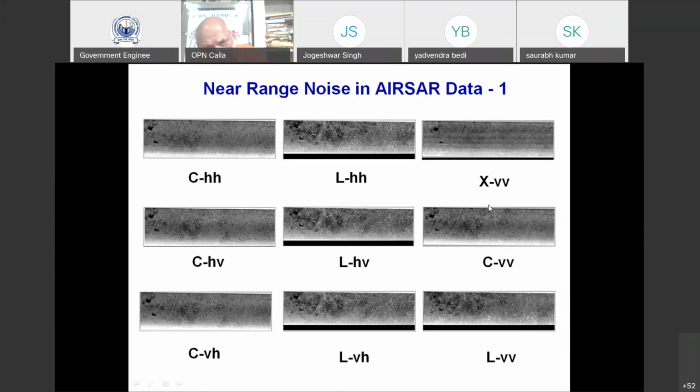And here it is for X band VV, C band VV, and L band VV. From this, you can see the noise aspects in the near range, which is close to the canopy or close to the vegetation. And L band, of course, is always good as compared to C band and X band.